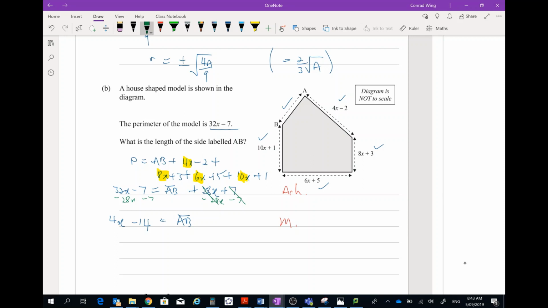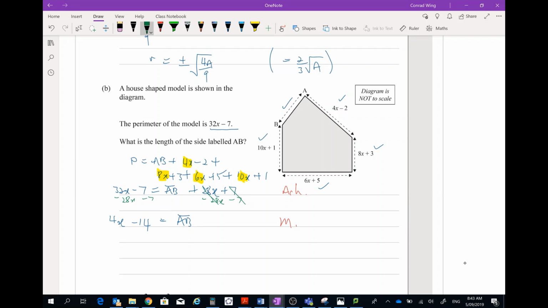Okay, let's move on. Yeah, question. When the perimeter at the moment is 28x plus 7. No, it's 32x minus 7. Yeah, sorry. That's the actual one with AB in it. And then at the moment it's 28x plus 7 without AB in it. And then what's the difference? And then I just put 4x take 10.